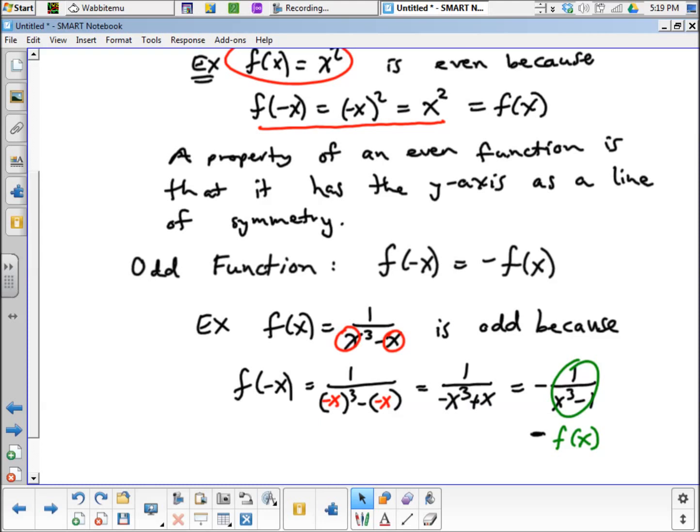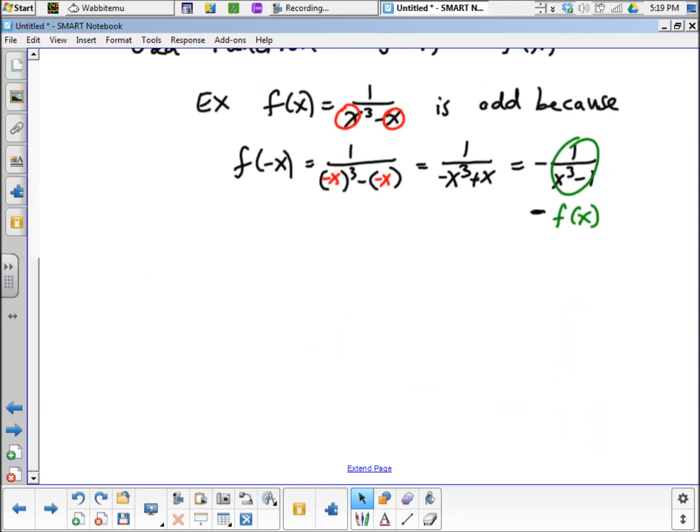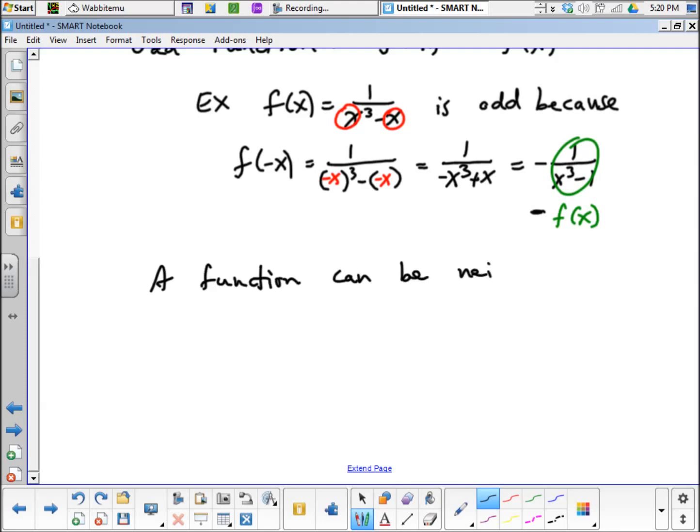Okay, now some functions are neither odd nor even. So here is a function that is neither odd nor even. Let me just write the function. This can happen. Alright, so let's see how that could happen.